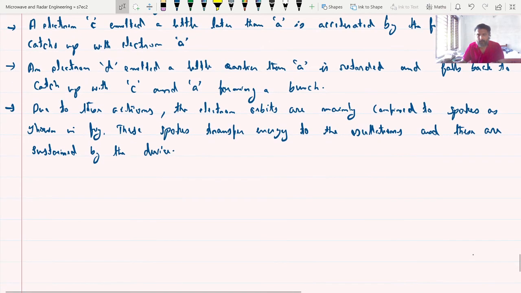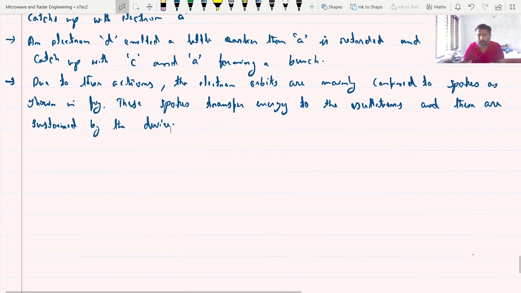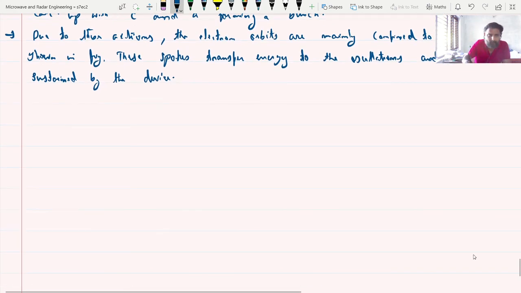Okay, so I will just give some performance and application of magnetron oscillator.